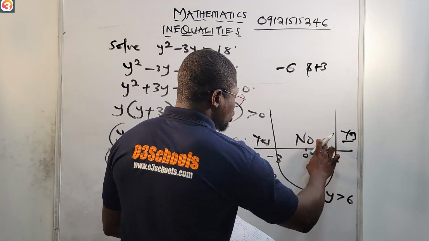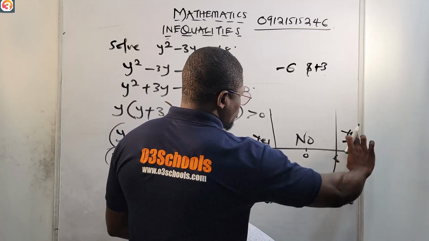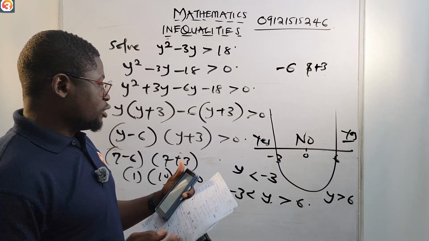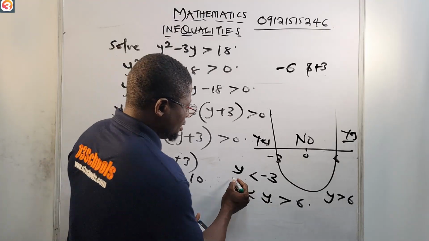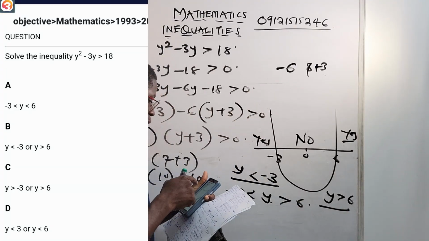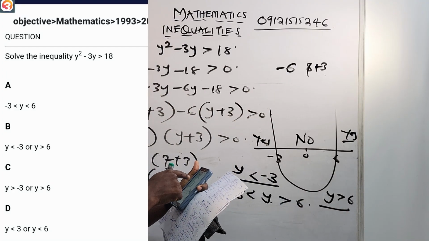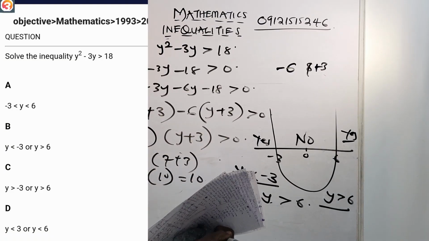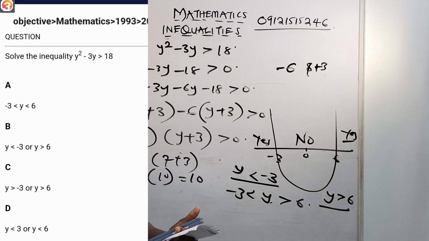This region represents values of y that are in between minus 3 and 6, while this region represents values of y that are greater than 6. So option A, let's look for y less than minus 3. That is this one and this one. Y less than minus 3, and then y greater than 6. Option B, very correct. So very easy. Just solve normally, quadratically, find your point, then test, and then pick the region.